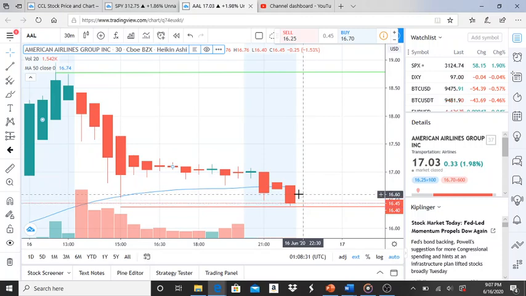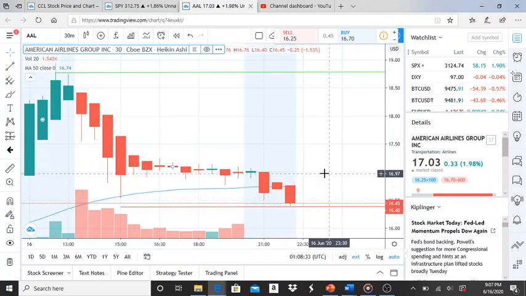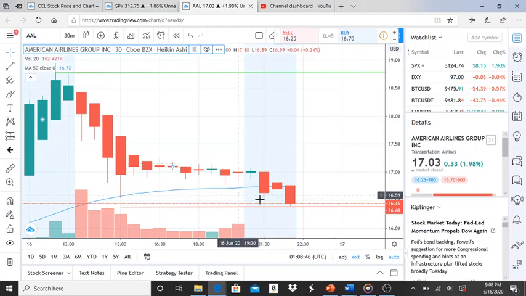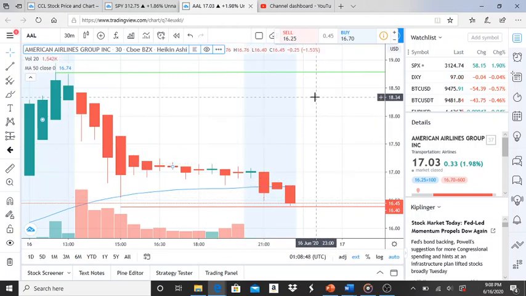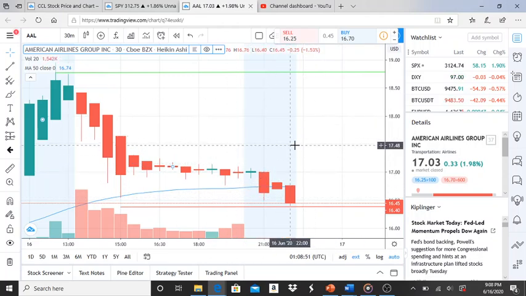Because it's way down here, and if it starts to bring itself back up and it hits $17, yeah, sure, it's bullish. And if it breaks through this point right here of 17.15, yeah, that's bullish. It's above the 50-day moving average, but it's about maintaining itself there, and that's the question.